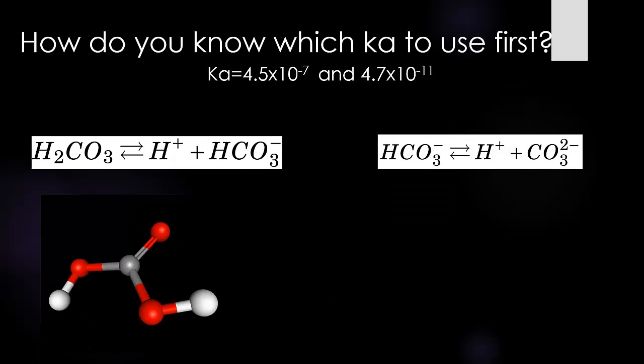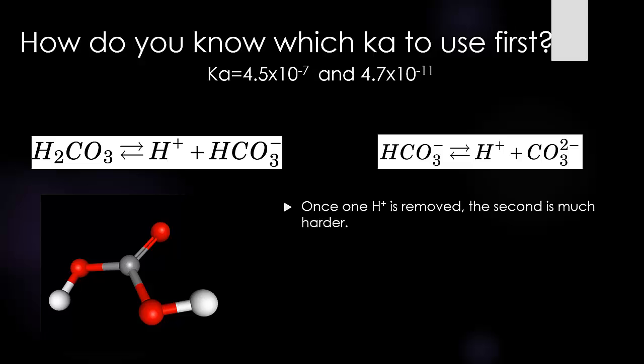Now let's talk about one thing that I've used already but did not actually talk about how I was able to do. In the previous example, we needed to decide which Ka to use in each ICE table. How did I know which to use in each circumstance? Well, first, since the H+ that is removed first will be coming from a neutral species, this is much easier to remove than the second hydrogen, which is already on a molecule with a negative charge.